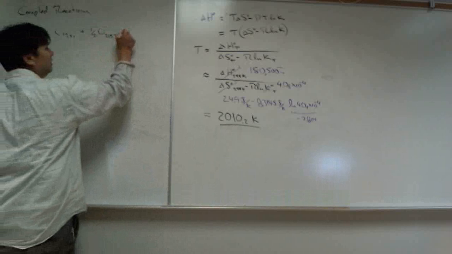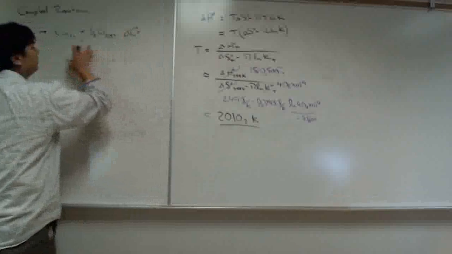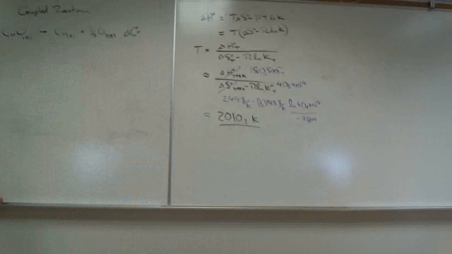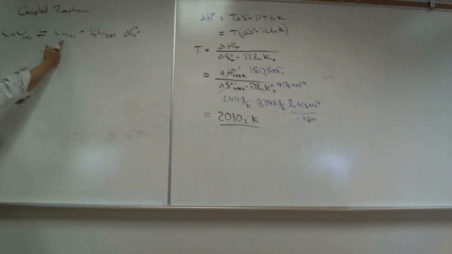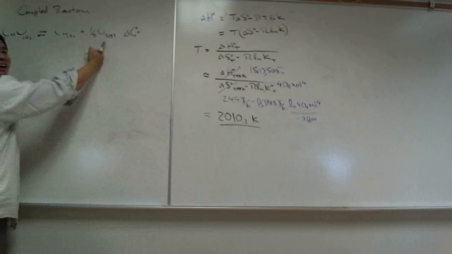If I look at this, the delta G for this under standard conditions, look at this reaction. Tell me, if I were to reverse this reaction, do you recognize it? The reverse of this reaction is called, well, it is a redox, but it also has another name. The reverse of this reaction is forming CuO from the element copper and the element oxygen.